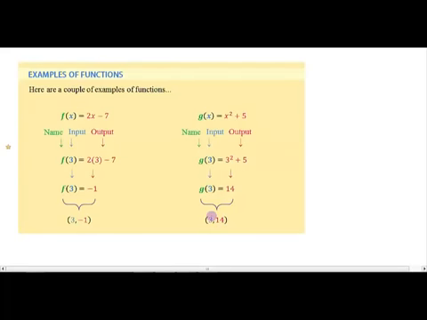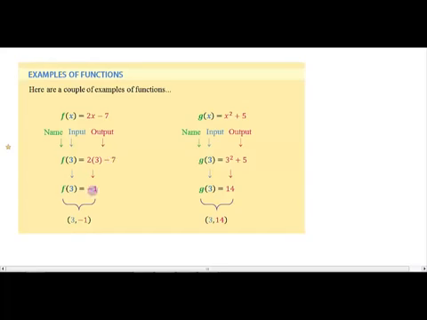Here are some examples of functions that are mathematical. This function is the function f of x, and it equals 2x minus 7. In other words, it's going to take the input and double it and subtract 7. So the name of the function is f. Let's take an input of 3. The output is going to be 2 times 3 minus 7.